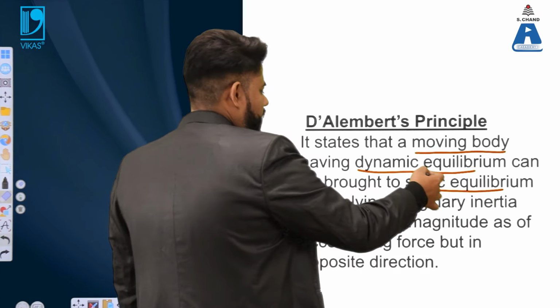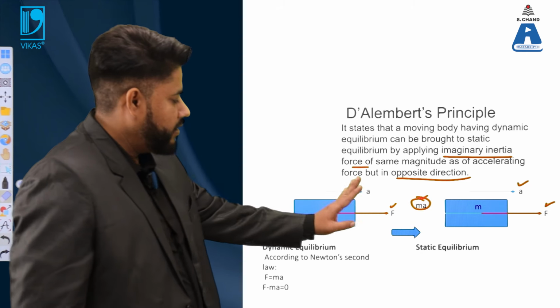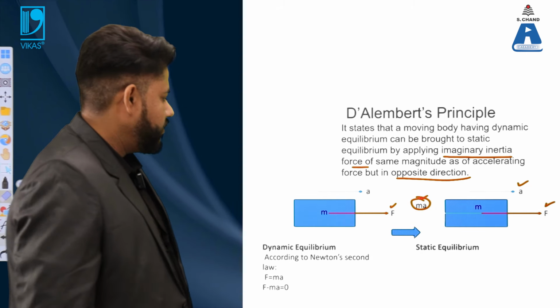The force was F equals ma, and it is having the same magnitude F equals ma, but that force is acting in the opposite direction. So it would have a minus sign. The acceleration remains the same. So ma minus ma would be 0. That means the object would now be in static equilibrium.